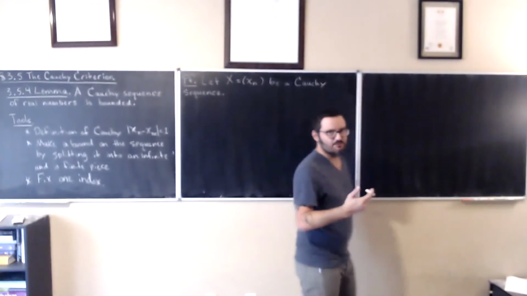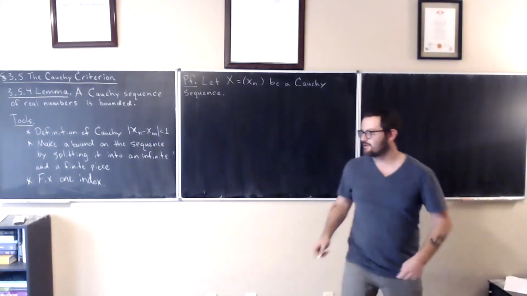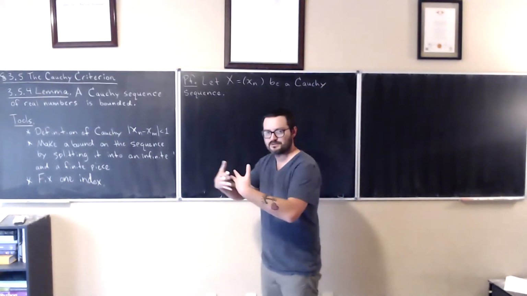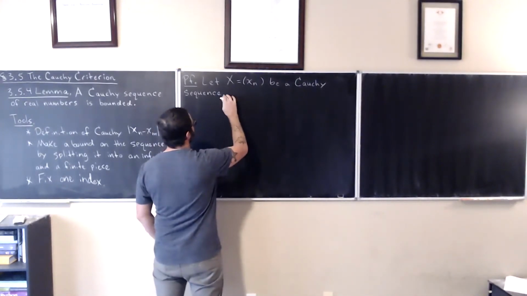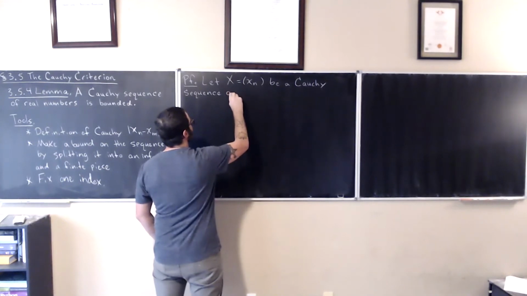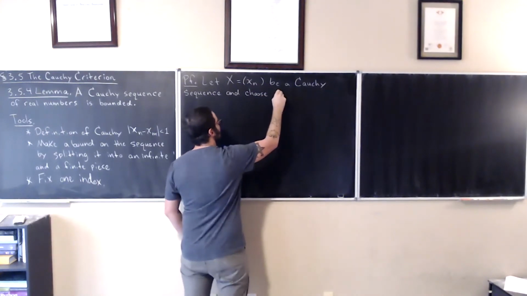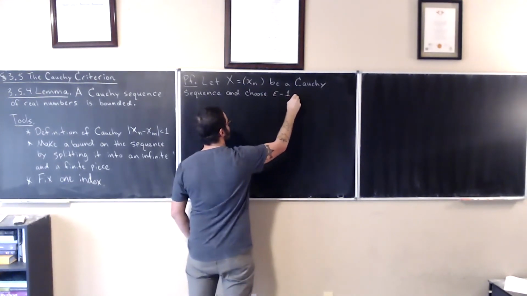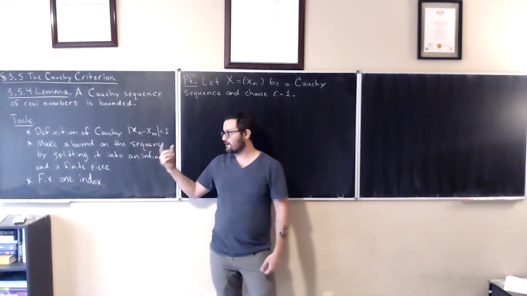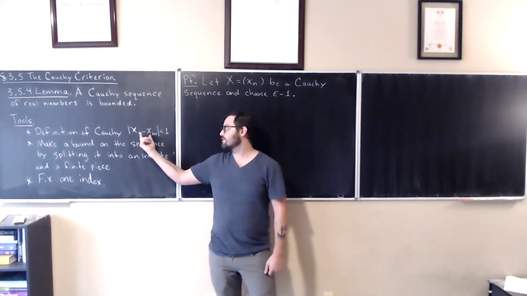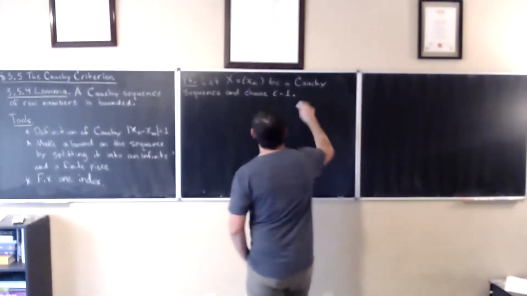And then we have a solid number to work with to bound that infinite collection of terms after the cutoff index, when all the terms get close together. So let X be a Cauchy sequence in R and choose epsilon equal to 1. Since the sequence is Cauchy, there is an index cutoff so that after that cutoff, all terms are within distance 1 of each other. That's the definition of Cauchy. So I'm just going to state that.